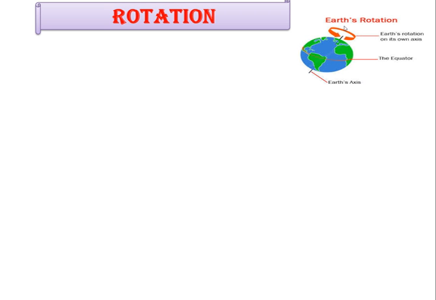Today we're talking about rotation in our life. We have more examples of rotation, like Earth's rotation.